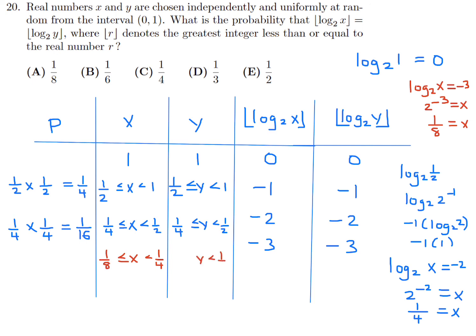And similarly, y has got to be less than a quarter, greater than or equal to 1/8, and that's for -3. And now let's figure out the probabilities. A quarter to an eighth is approximately 1/8 of all the values from 0 to 8, right? Yeah. So the probability of getting a y is an eighth, the probability of getting x is an eighth, and when you multiply them, you get 1 over 64. Okay, exactly what I thought.